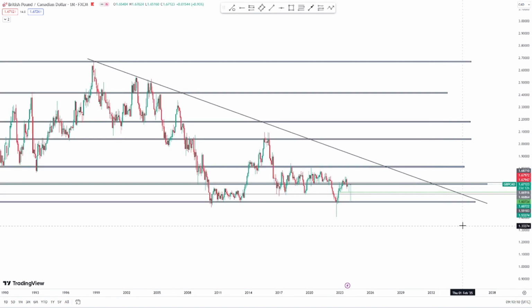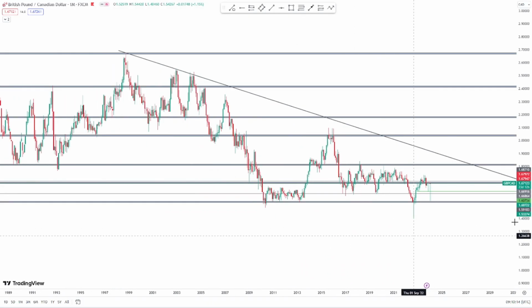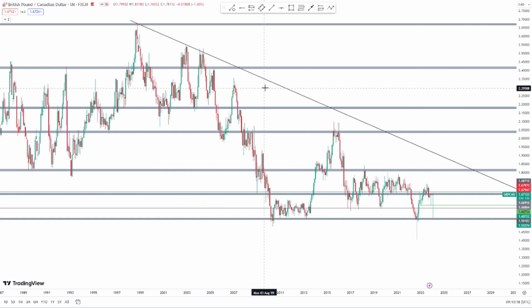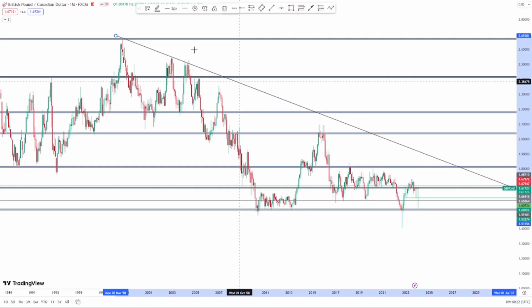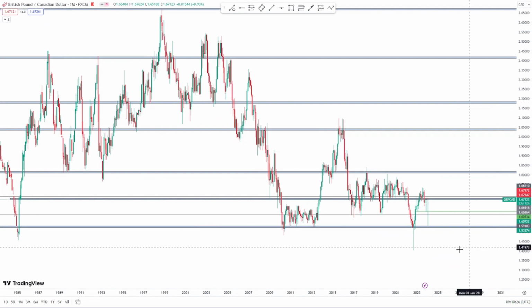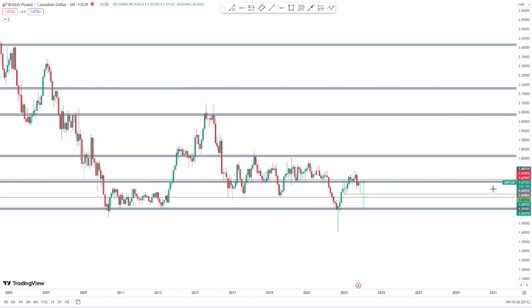I used to have this inner trend line like this on the weekly time frame. Yeah, price is still far away from there.